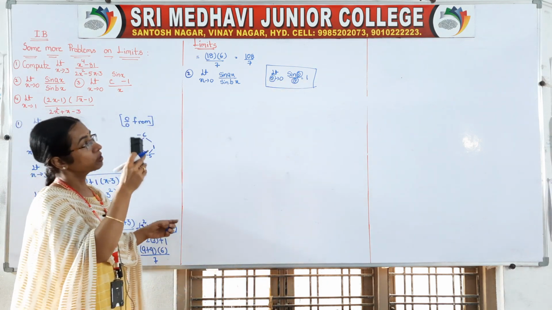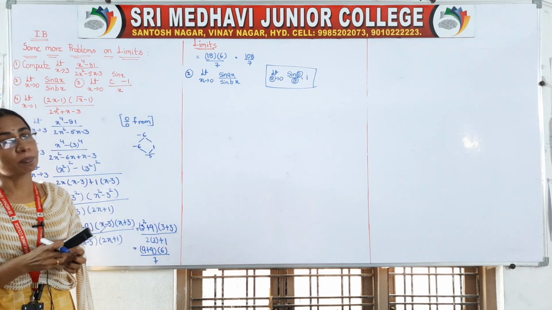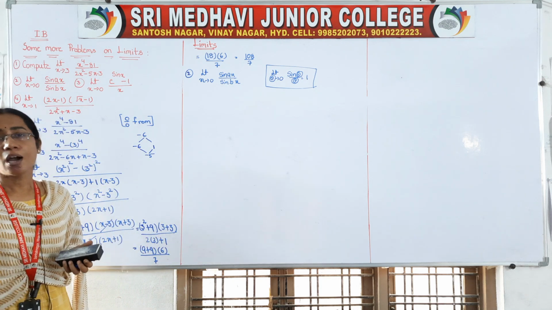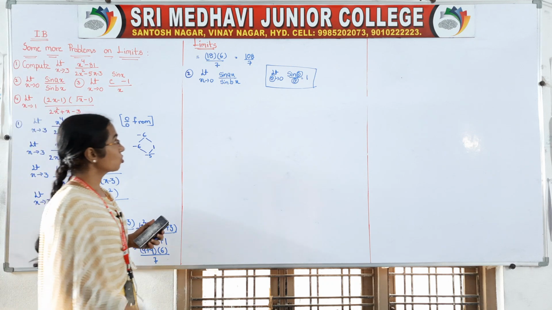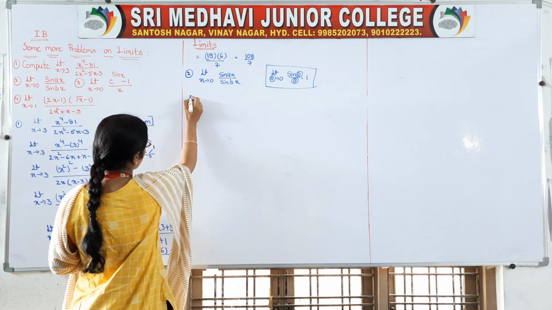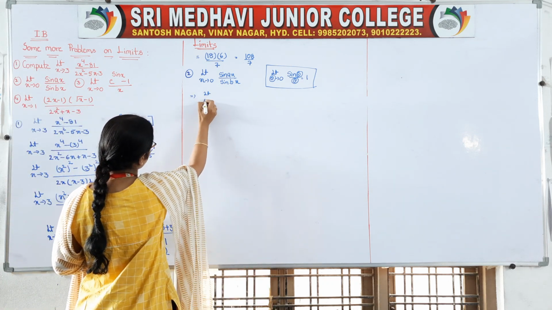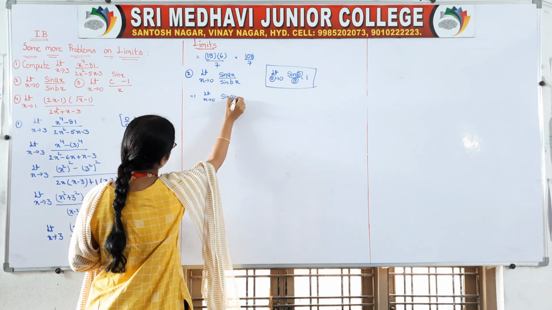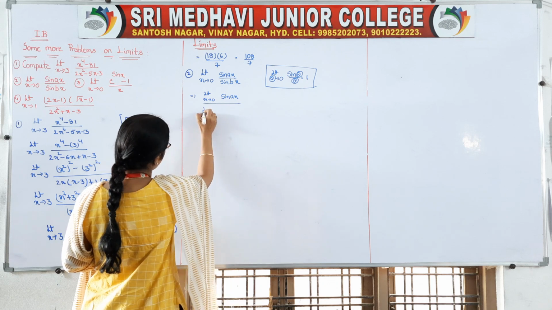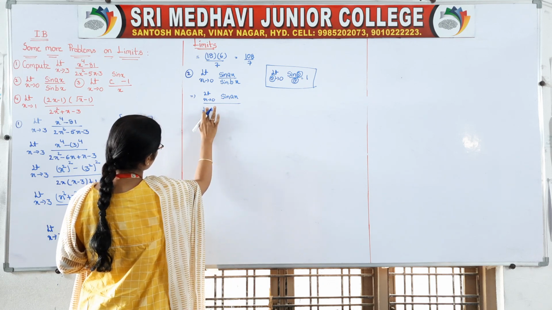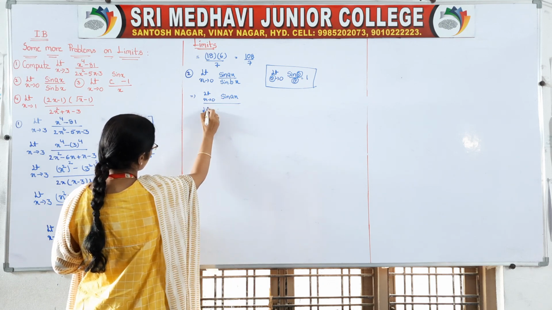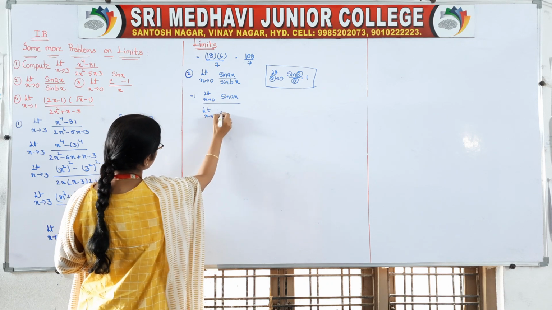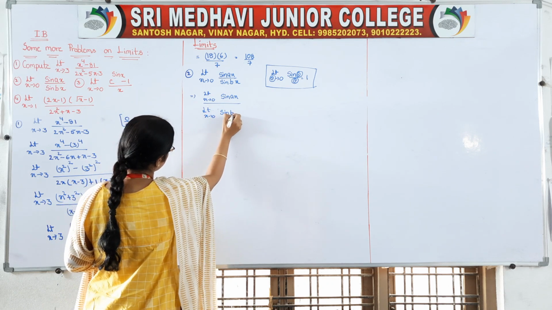So according to that, we have to rearrange the problem, then apply the formula. Here, this is the question given to you. You apply the limit for numerator and denominator separately, limit x tends to 0, sin bx.